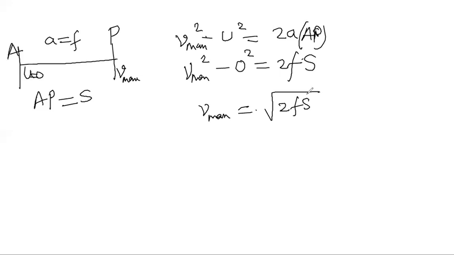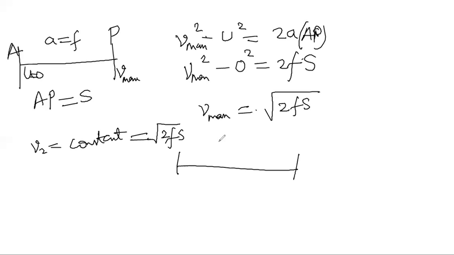With this as a constant velocity, V2, which is root 2fs, it will travel a time t before it starts decelerating, because in this situation the acceleration is zero.